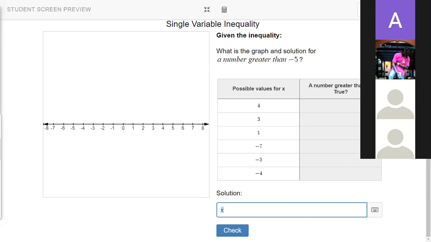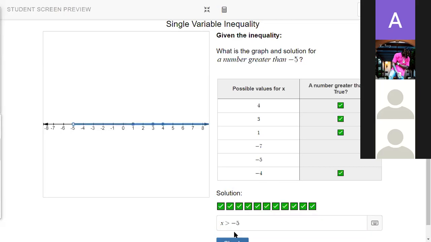I want to write this in math terms. What do I write? X greater than -5. Simply like that. So now it's going to graph this whole line. Everything that was plotted is still part of it, but it's saying it's everything in between here and the greatest number.